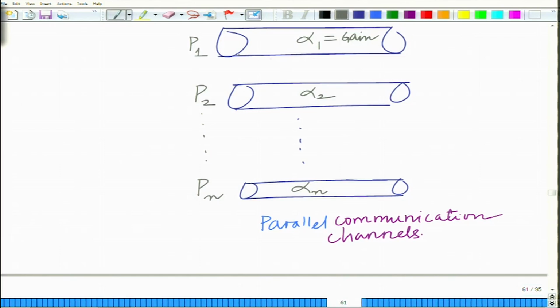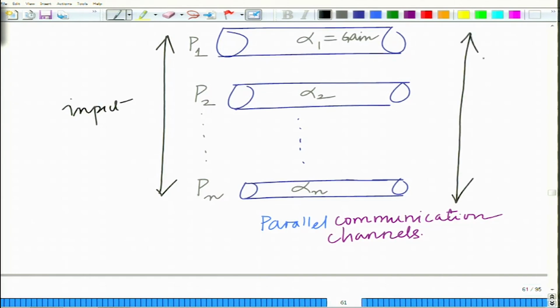So, naturally the output power, so this is the input, correct. Information is flowing from left to right. So, this is the input and this is the output, or you can think of the left as the transmitter, the right as the receiver.